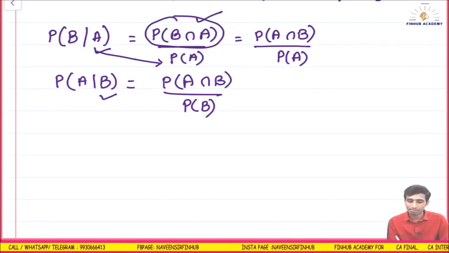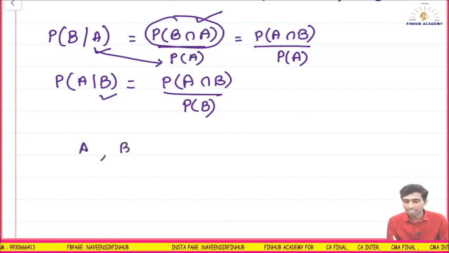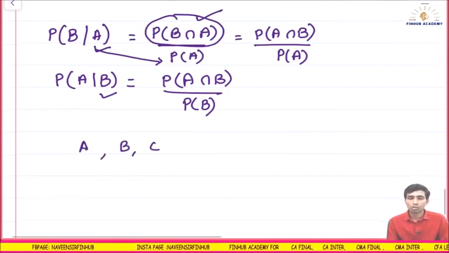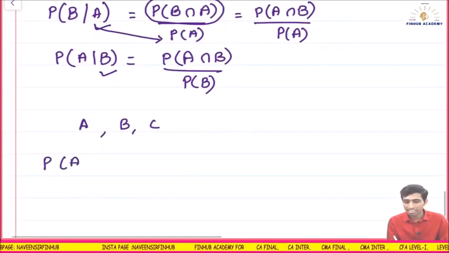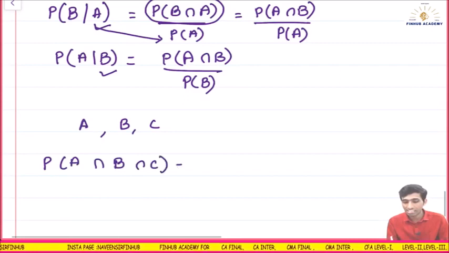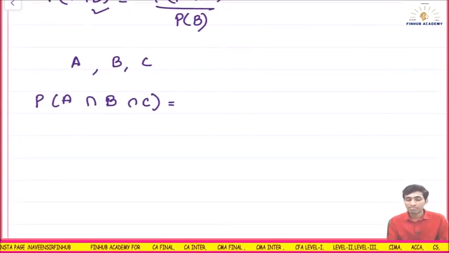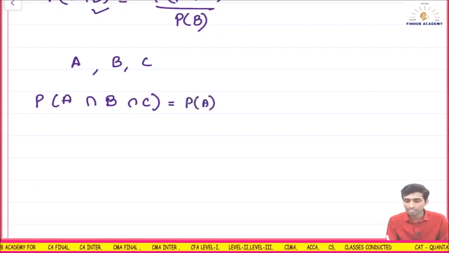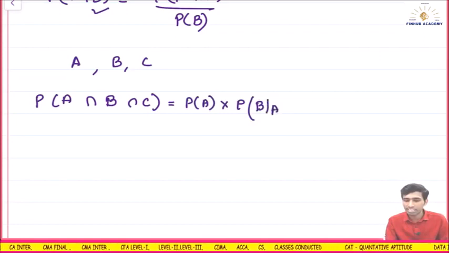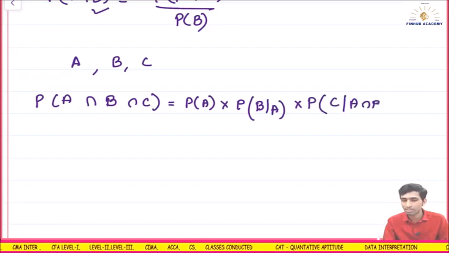Now let's say there are three events, A, B, C. Okay, so jointly probability of A intersection B intersection C, this formula you should remember. If the joint probability I want and conditional probabilities are given, then listen, probability of A multiplied by probability of B given that A into probability of C given that A intersection B will be the formula.